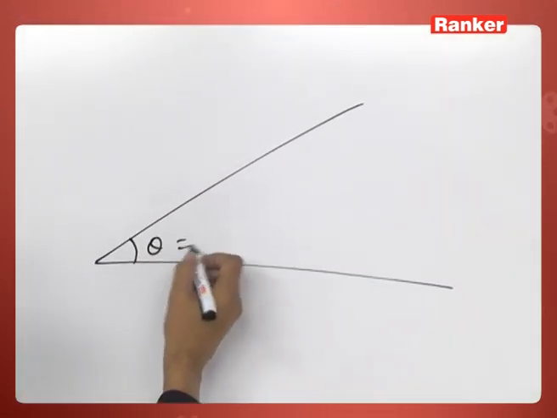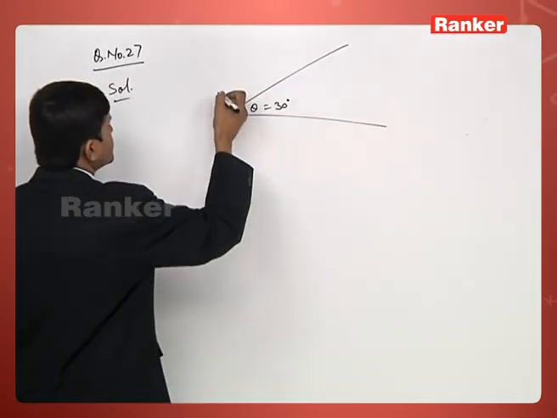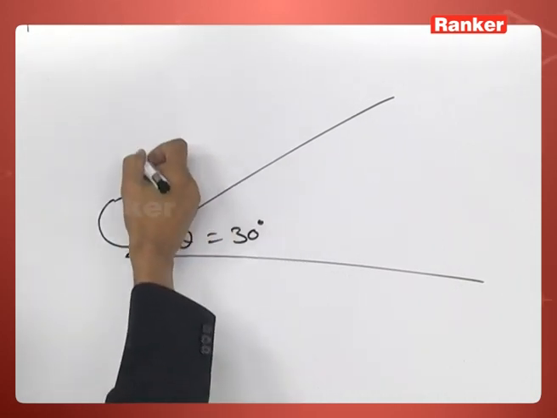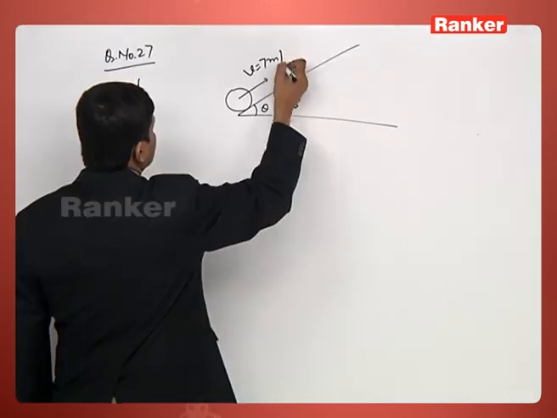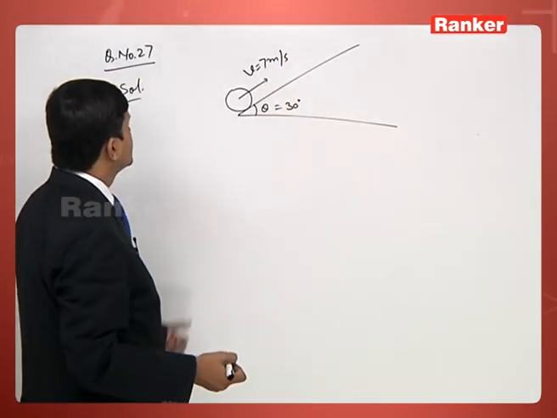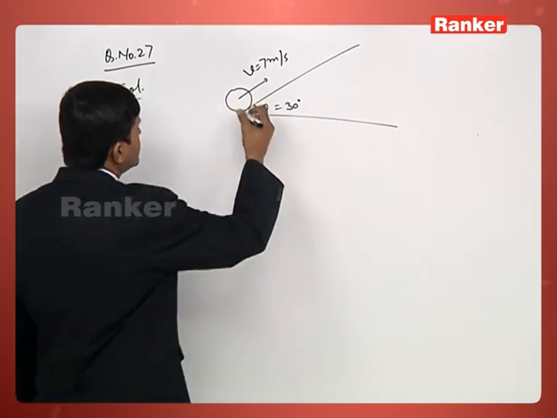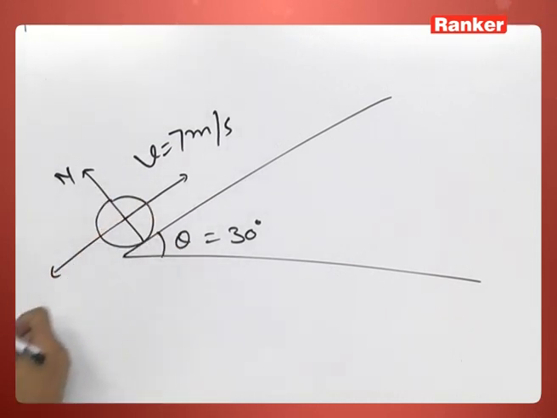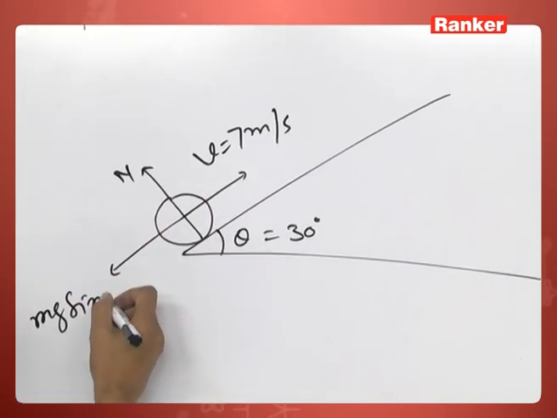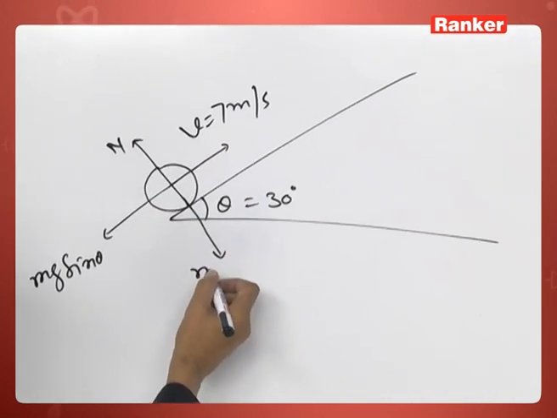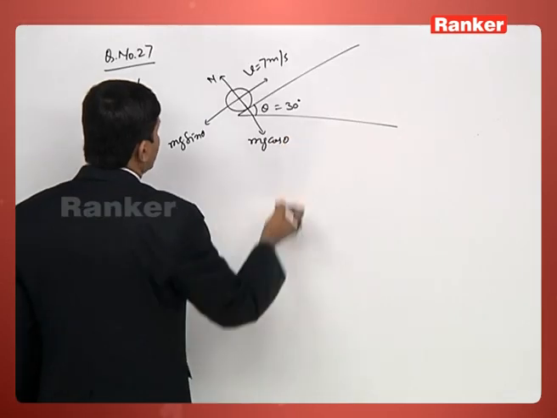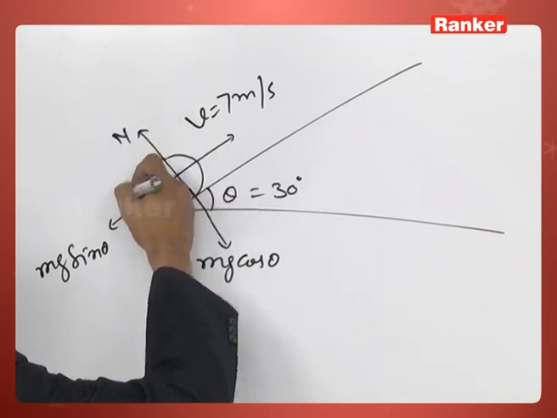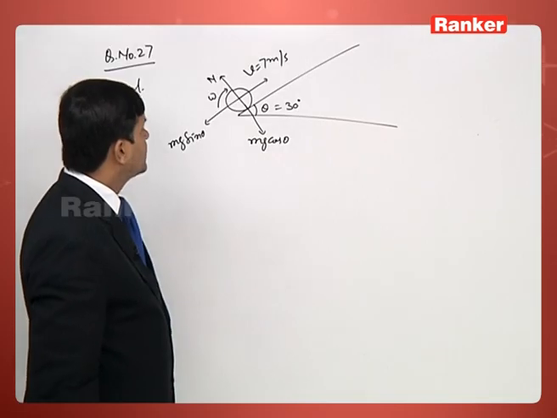Incline has inclination 30 degree. Now here is the sphere. This has velocity 7 meter per second. If we are making a FBD here, normal force, mg sin theta and mg cos theta, and since this sphere is rolling, it must have angular velocity omega.